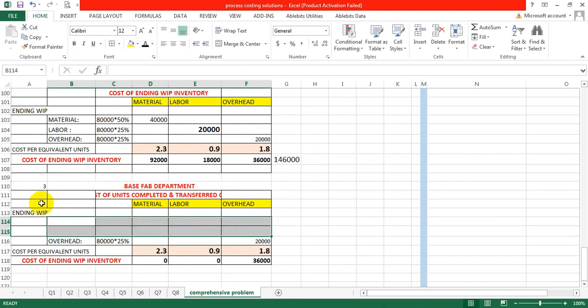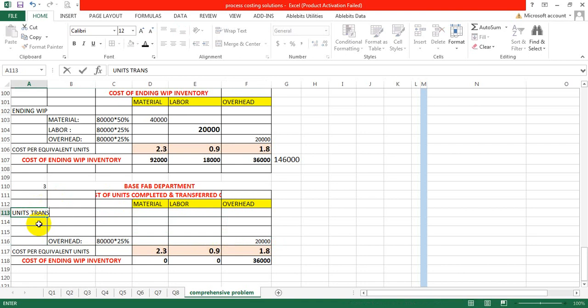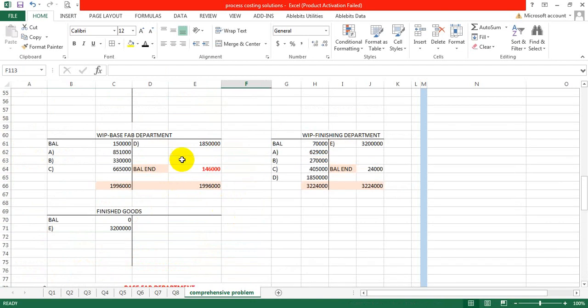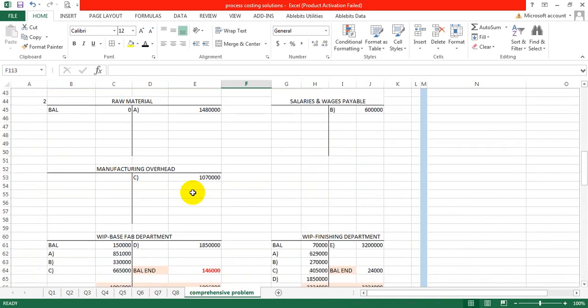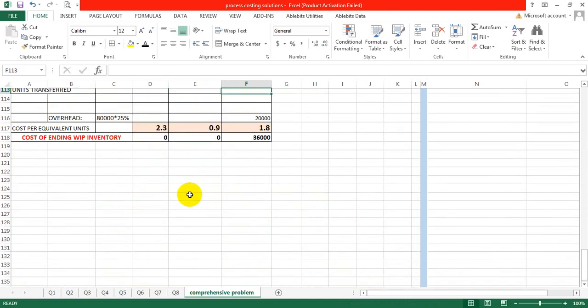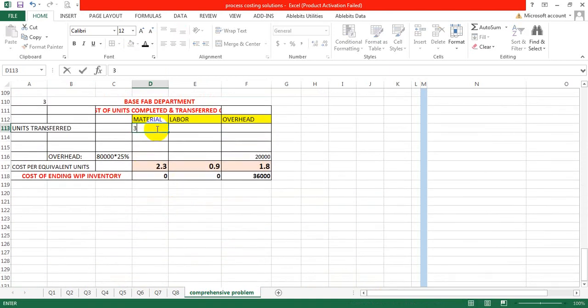Units transferred, how many units were transferred? Tell me quickly. Above we did it, those units transferred, that was units completed and transferred 3,70,000. Okay, we will take 3,70,000, right? 3,70,000.